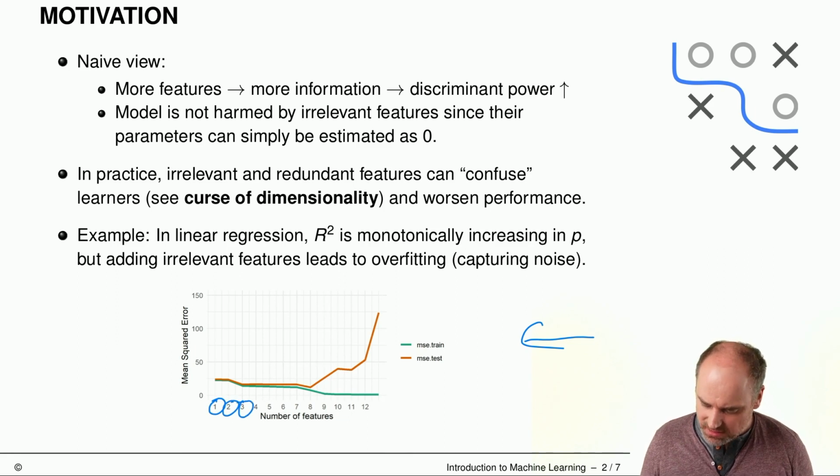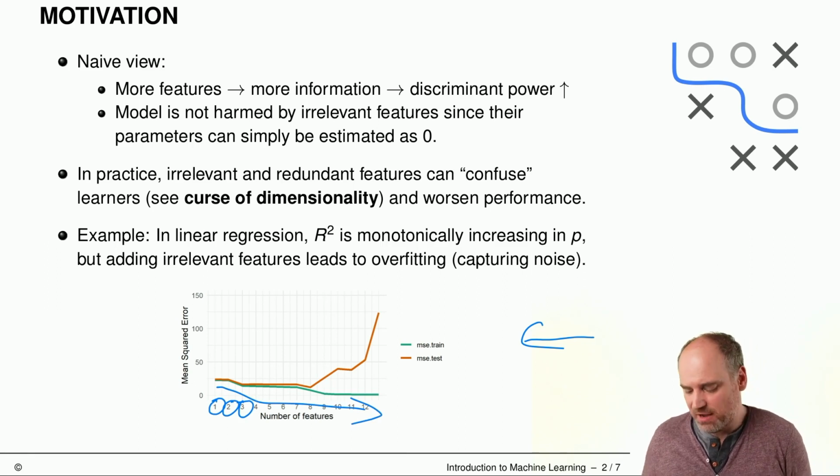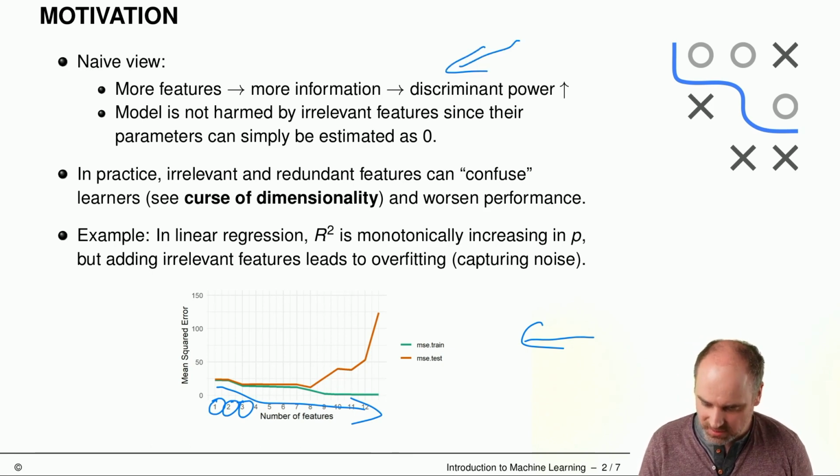And what we can see here is that, of course, the training error monotonically goes down. What we have here on the x-axis is model capacity, model complexity. And for training error, this naive view that more features is more information and we will always fit better, that's true.